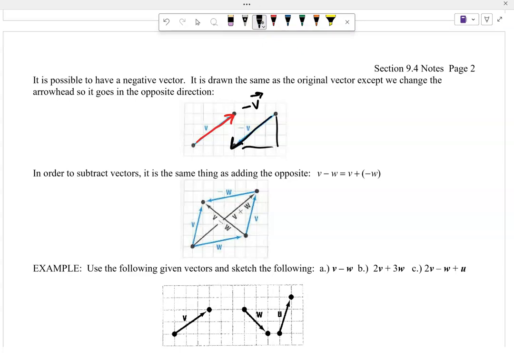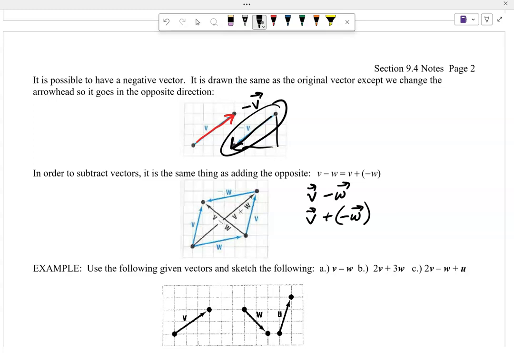See how it's down 3, left 4? It's just going in the opposite direction. That's all that the negative does. So if you're doing v minus w, you just go v plus, and then you go in the opposite direction of w. That's how you work with adding and subtracting.